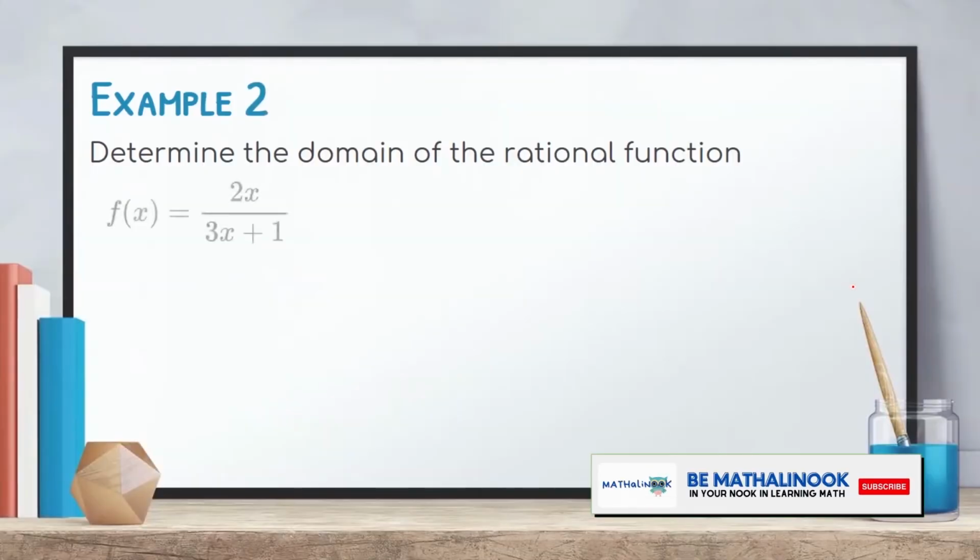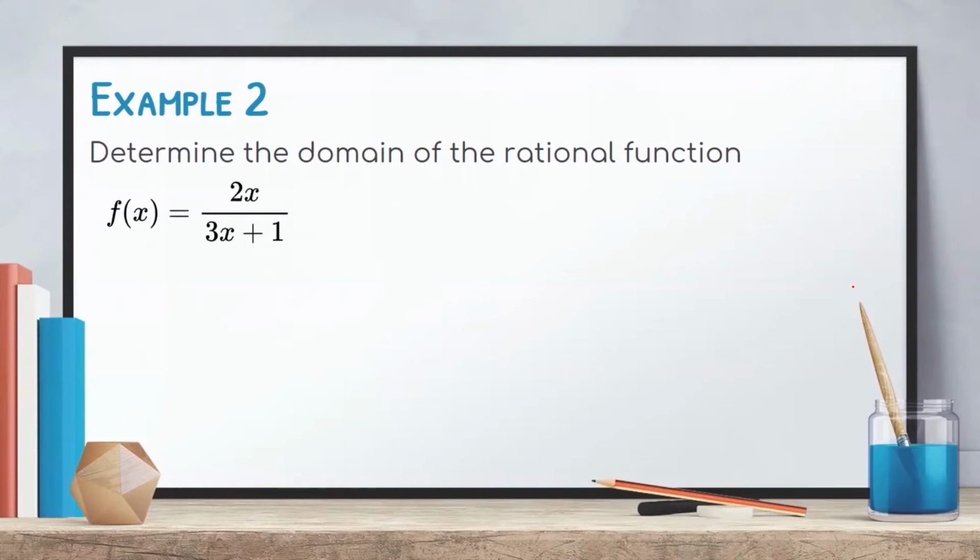Let us have another example. Determine the domain of the rational function f of x equals 2x over 3x plus 1. This given rational function is also in lowest term. Hence, we cannot factor it anymore. To find the domain, let us determine the restriction by equating the denominator to 0.